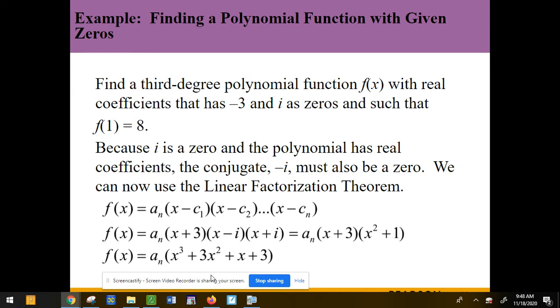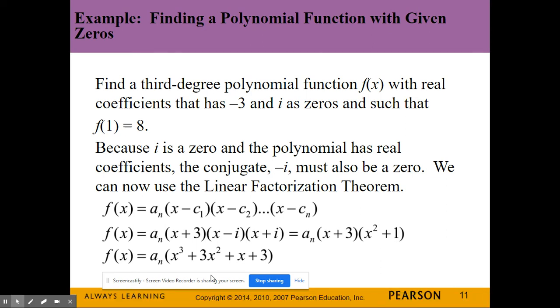Well, that's where it comes into play, that fact we're talking about, where the imaginary roots come in pairs of conjugates. So if i is a root, is a 0, then -i has to be as well. So if I use that linear factorization theorem, x minus -3 is one of the factors, so x plus 3. x minus i is one of the factors.